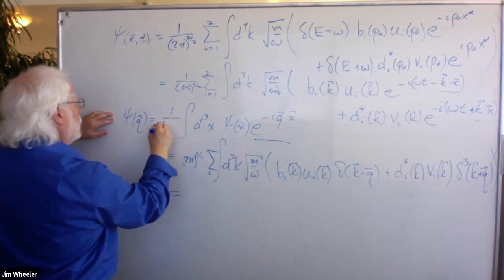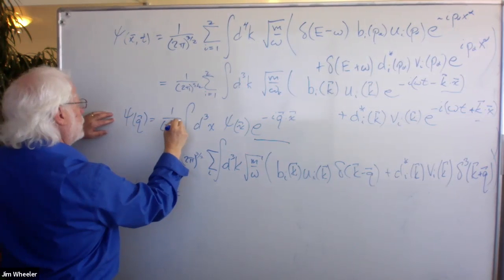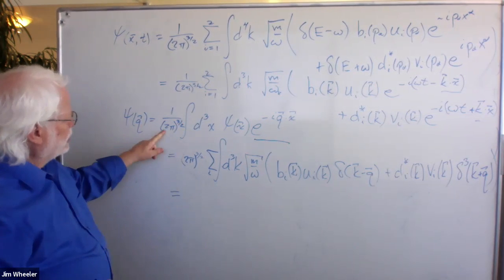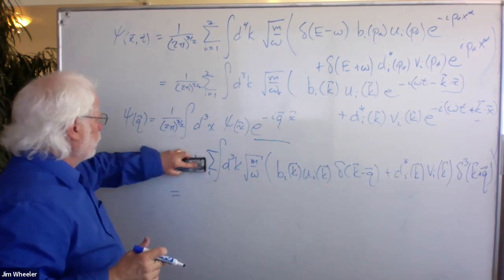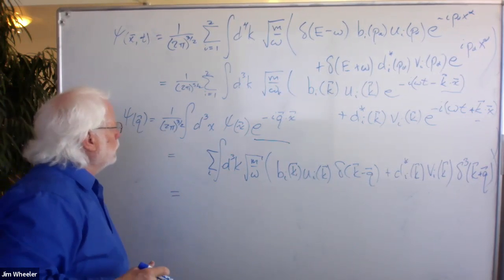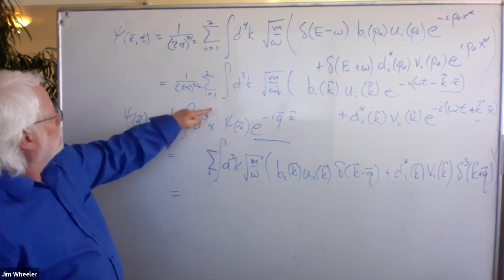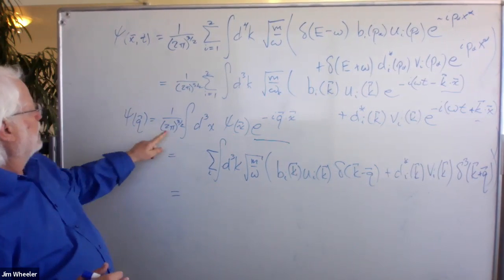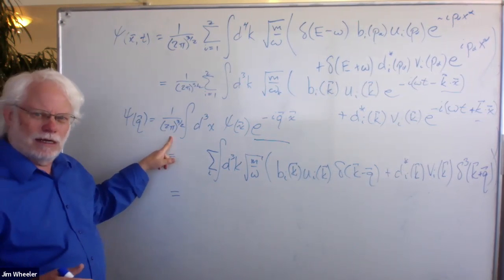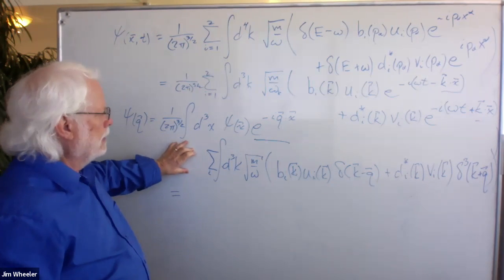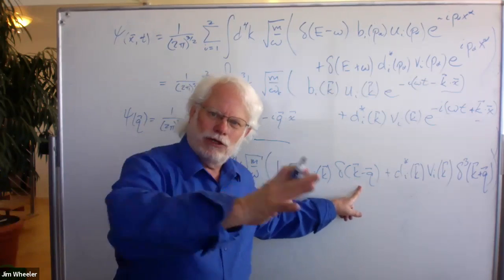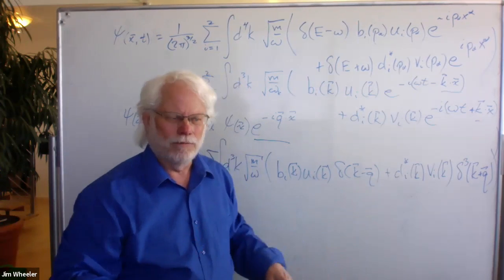Sorry, this has a 1 over 2 pi cubed to the 3/2. I always put a square root with each Fourier transform or each inverse Fourier transform. So psi comes in with that factor, and then the inverse transform comes in with the same factor, which gives us 1 over 2 pi cubed, but then the delta function comes in with a 2 pi cubed, and they cancel.